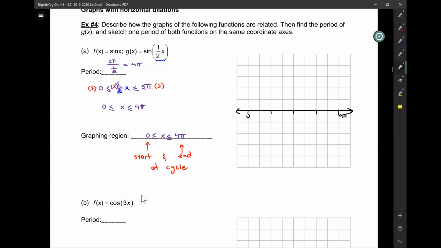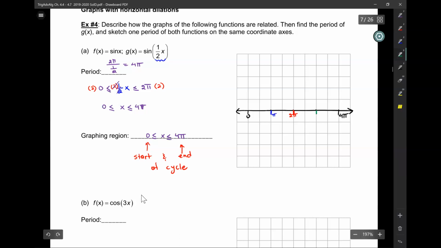Now, after that, I need to fill in the numbers for the other tick marks. So this one here, I'll color code it. That red one, it's halfway from 0 to 4 pi. How much is it? 2 pi. Okay, this blue is halfway from 0 to 2 pi, 1 pi.